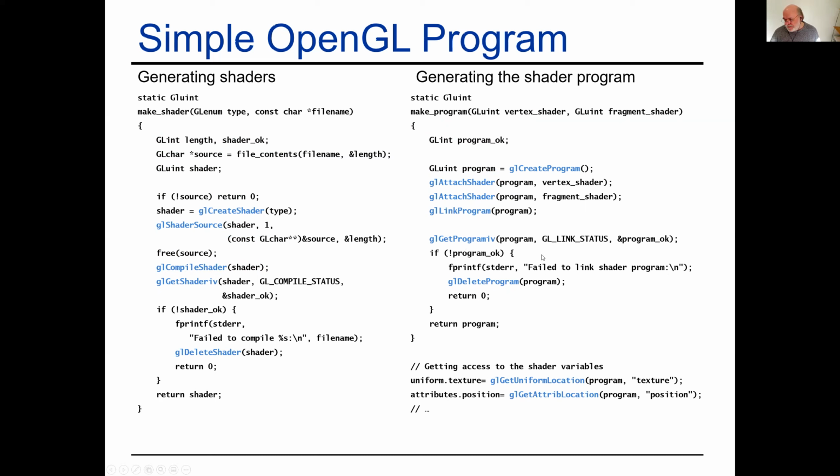Once you have called this make program, you now have an ID for the program. You can now ask this program where the uniform variable called texture is, and where the attribute slot for the variable position that we had in the shader is, and so on.